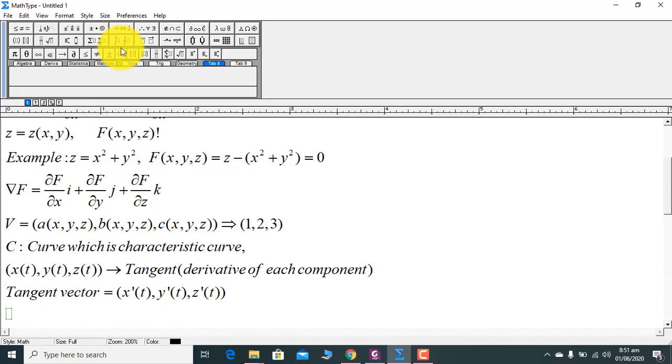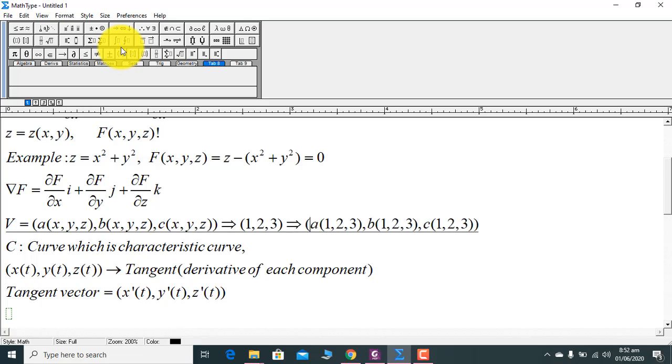At 1 2 3 the vector will be A of 1 2 3, B of 1 2 3, and C of 1 2 3. You don't know what A, B, C are. So this will be your tangent vector.